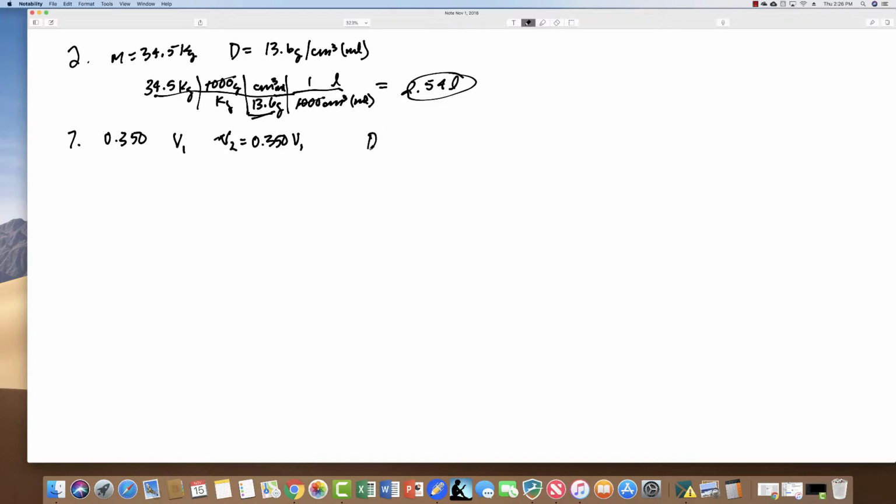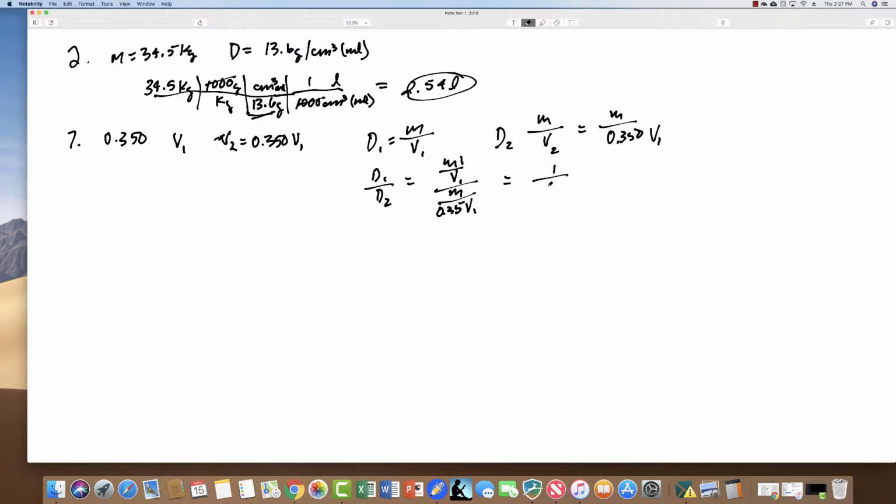Well, if the first density, D1, is equal to the mass divided by V1, and the second density is equal to the mass divided by V2, which is equal to the mass divided by 0.350 V1, then if you take D1 divided by D2, that's going to equal m over V1 divided by m over 0.35 V1, which, after you cancel everything out, is 1 over 0.350, and 1 over 0.350 is 2.9.